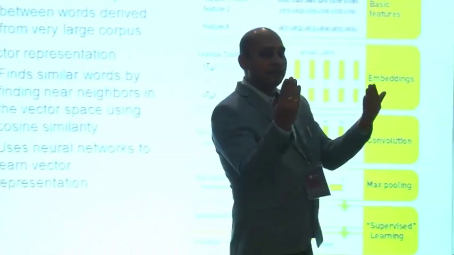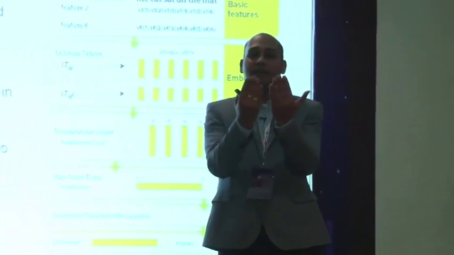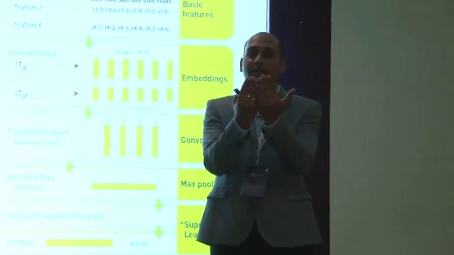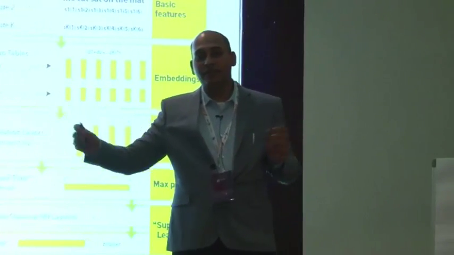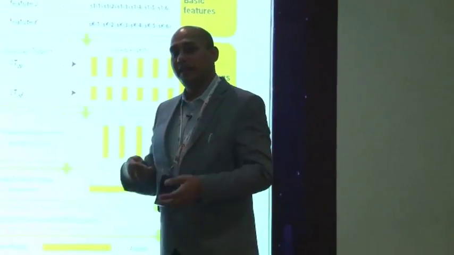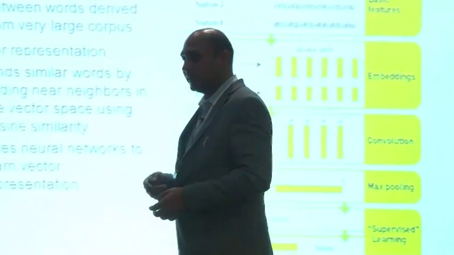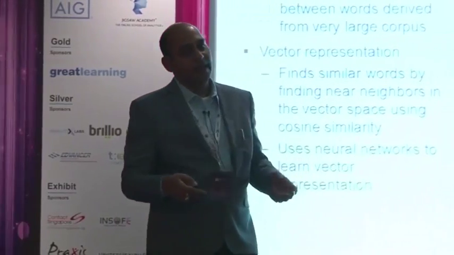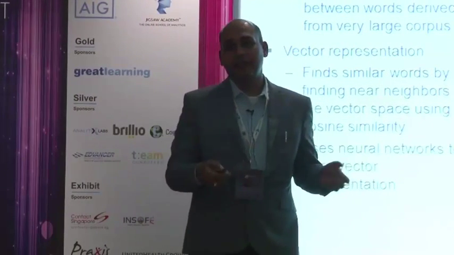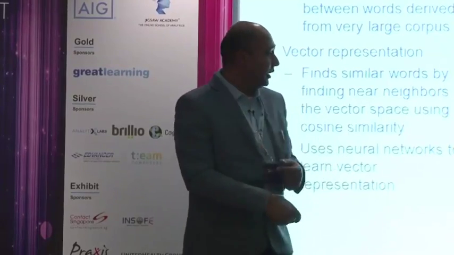So when two things are similar, you have a spike, and so on and so forth. Then when we convolve it, we can also do some kind of summation, which is essentially a max pooling layer.